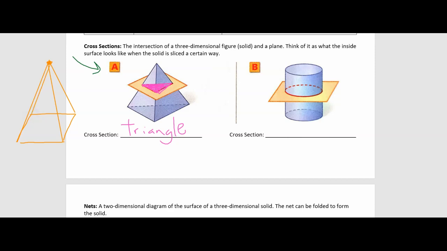So let's say this is, in this case, a square pyramid because the base is a square. Now, what if I slice this vertically? I take my knife and slice vertically down like this.